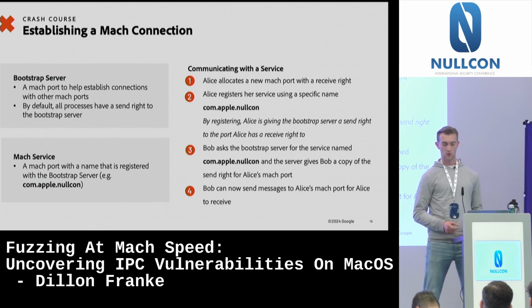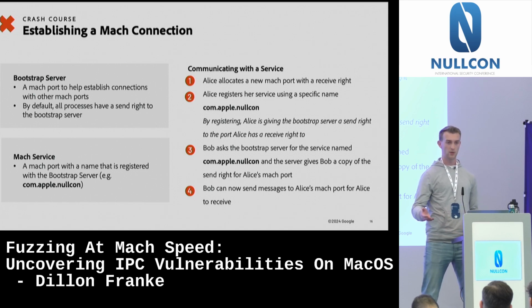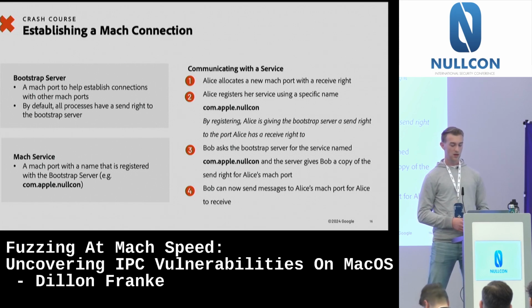Now Bob is going to come along and ask the bootstrap server for a service named com.apple.nullcon. The server is going to say, all right, I have a send right to that Mach port. I'm going to give you a copy of it so you can now send to it. And now Bob can send messages to Alice's Mach port using the kernel as a mediator between those two processes.